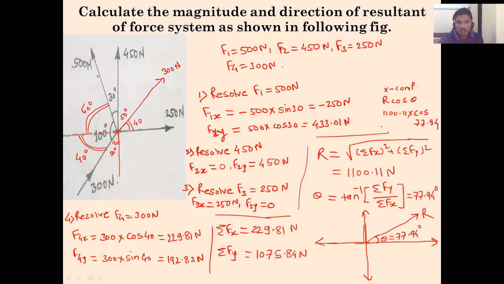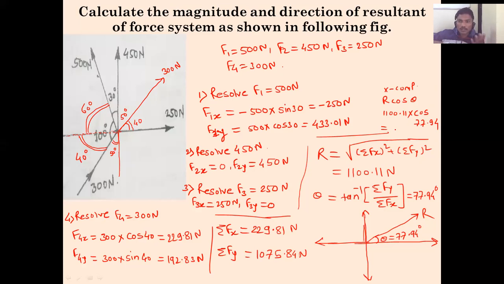And now you tell me this calculation, how much is it coming? Just check. We will cross check. It should come something like 229.81. Is it coming? Yes, sir. It should come.